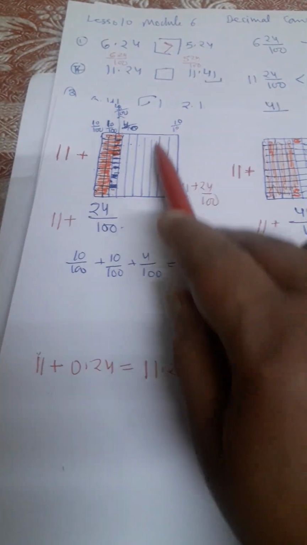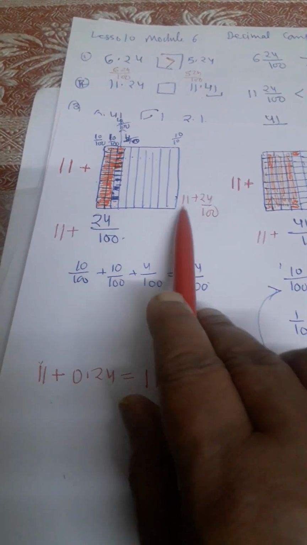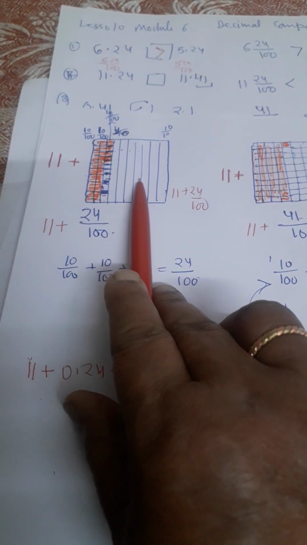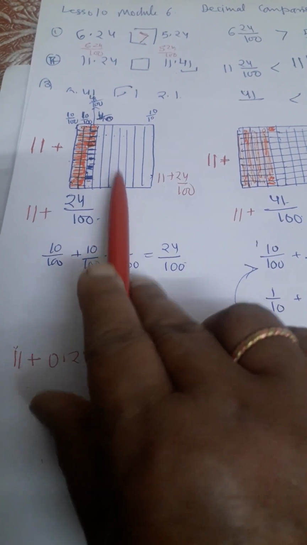Clear to you, Ali? Remember that when we cut into only 10 parts, we say 1/10, 1/10, 1/10, like that.